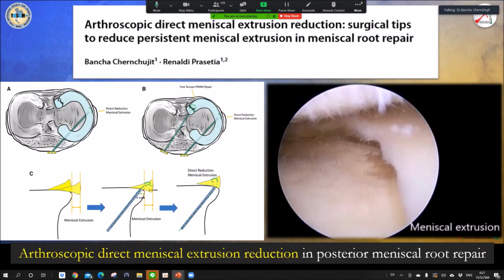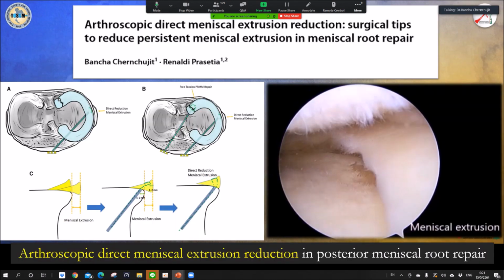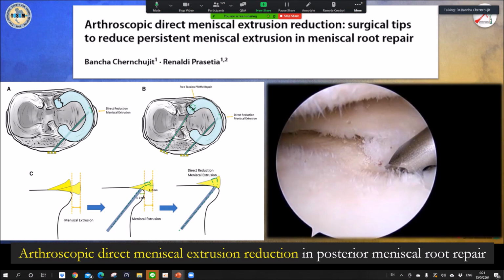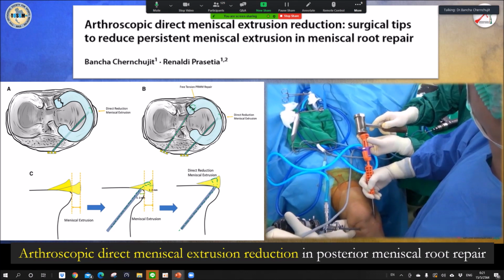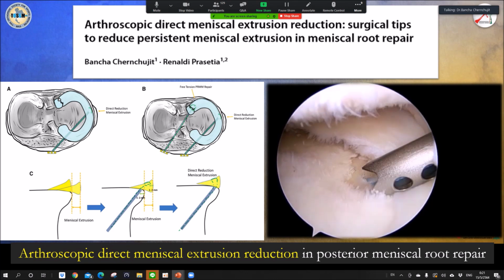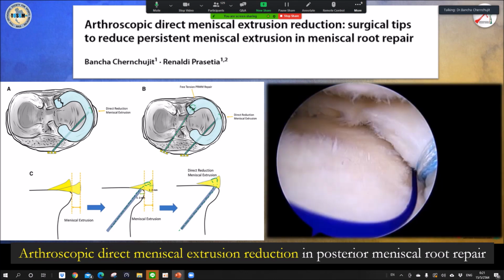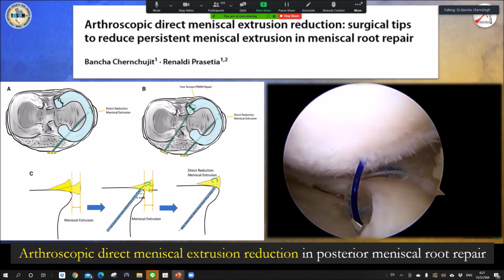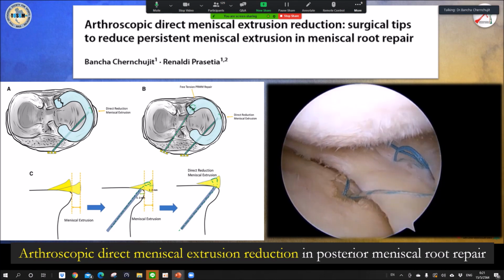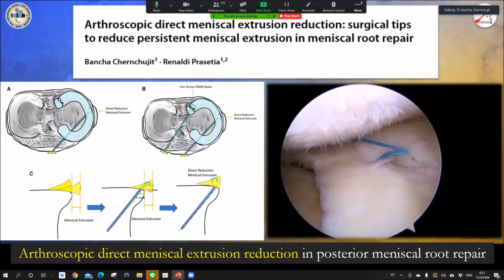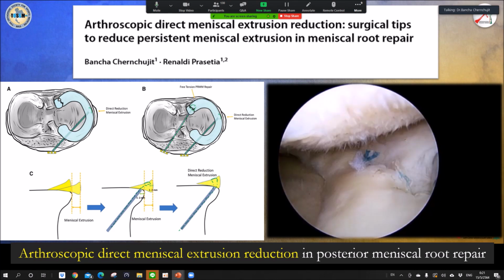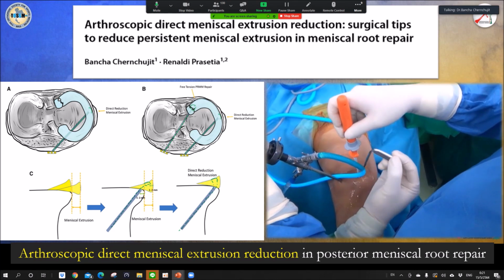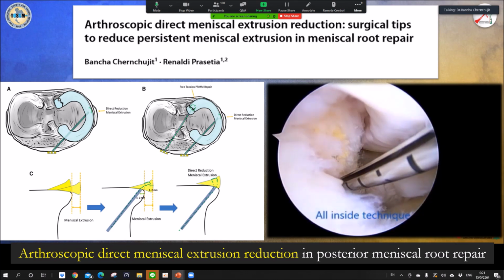So this is my proposed technique of the extrusion reduction using the suture anchors. I put the suture anchor at the edge of the tibia and then suture the meniscus back using the mattress. Okay, detach the meniscus from the peripheral and then do the extrusion reduction. Okay, so the benefit of this extrusion reduction is that the tear site will have less tension.